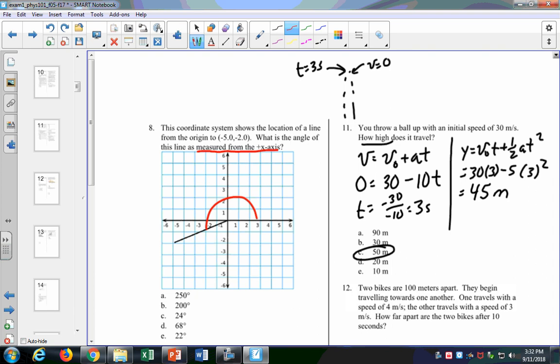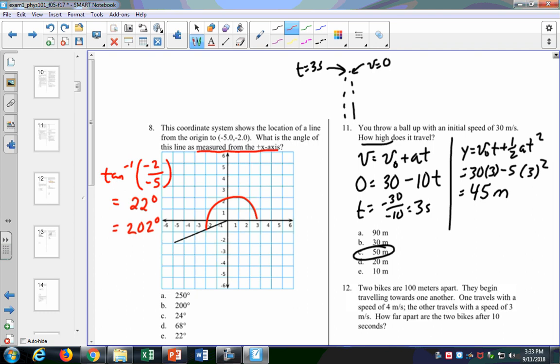Like if I do the inverse tan of, what would it be, negative 2 over negative 5, what was the answer here? What is that? Well, it's 22 is the angle. Okay, yes, some of your calculators will put out 22 degrees, and then others of your calculators will put out 202 degrees.